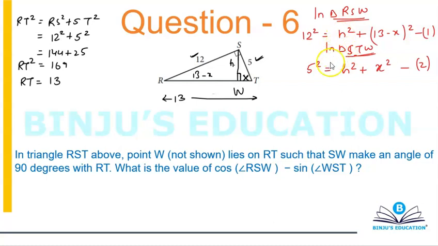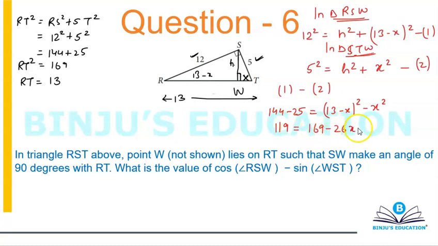Now if I do equation number 1 minus equation number 2, 12 square minus 5 square, that is 144 minus 25. H square and H square are going to get cancelled. Then you will have 13 minus X whole square minus X square. So 144 minus 25 is equal to 119, which is equal to 169 minus 26x plus X square minus X square.